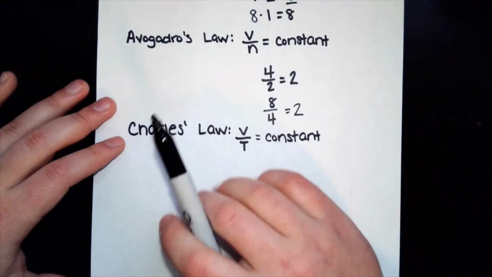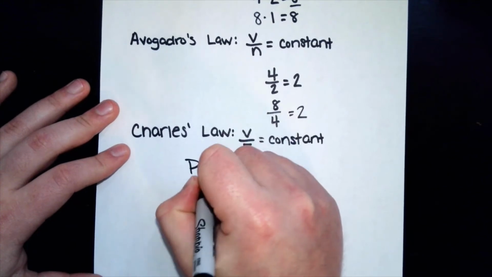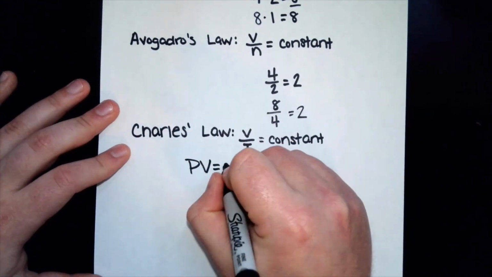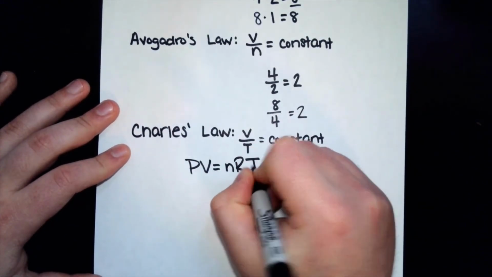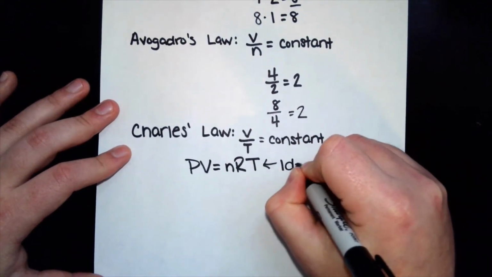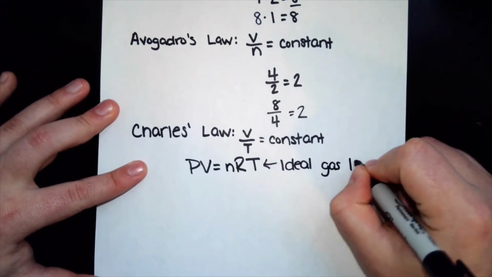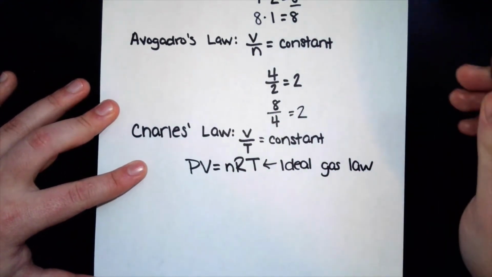And when you put all three of these together, you get P times V equals N R T. And this right here is the ideal gas law. Again, that is the overriding equation that will govern the vast majority of what you'll do in this chapter.